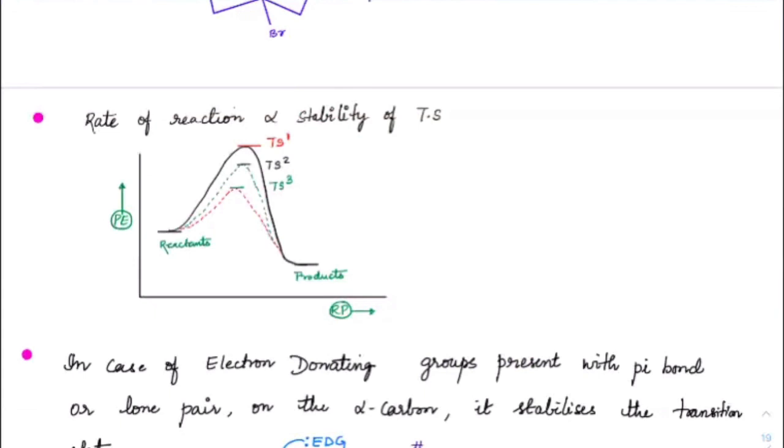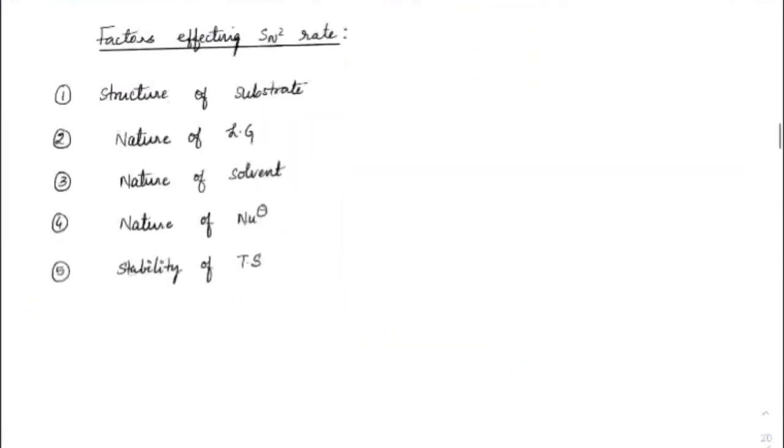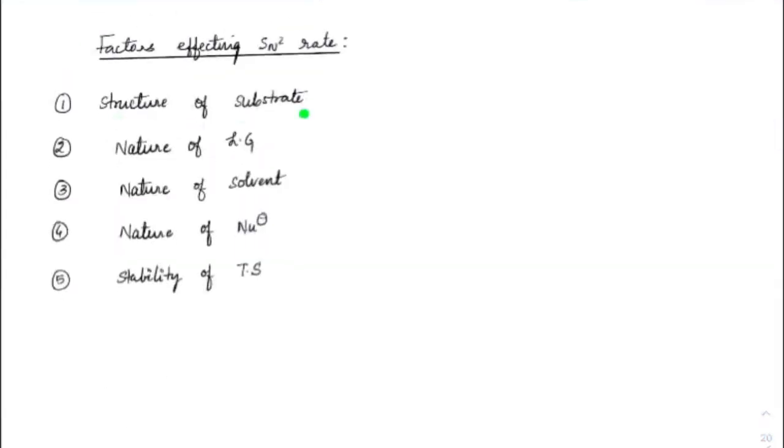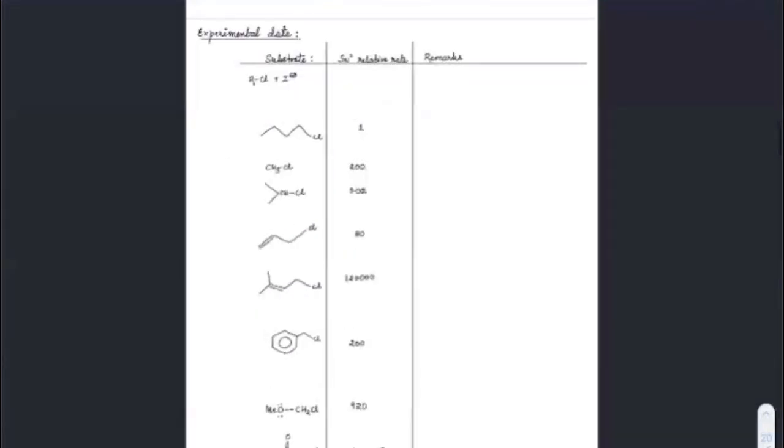If the stability of the transition state increases, then the rate of SN2 will also increase. Let us look one by one at the structure of substrate, leaving group, and so on. But before that, let me present one simple experimental data, which helps us a lot to understand how SN2 reactions happen.